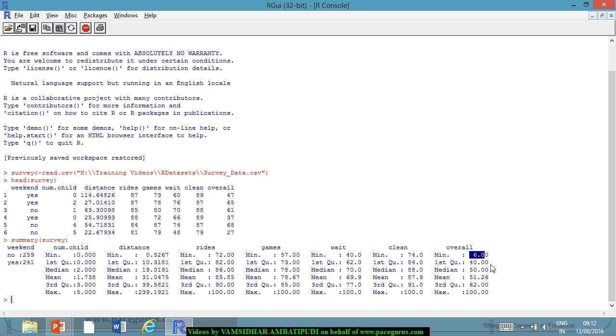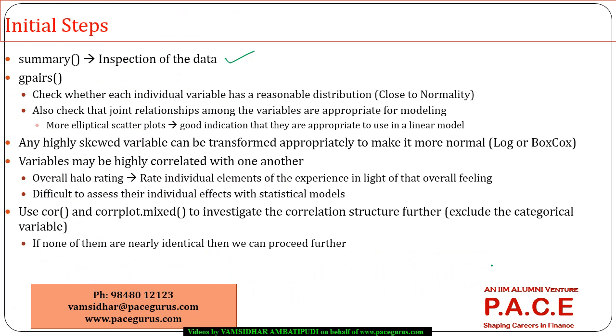As part of the initial step, before I go ahead into fitting the model, I can try to understand the data. The next thing I suggest is to look at the distribution. We have discussed earlier that GGpairs is a much better function, especially if I have binary variables or categorical variables, factors, as part of my data.